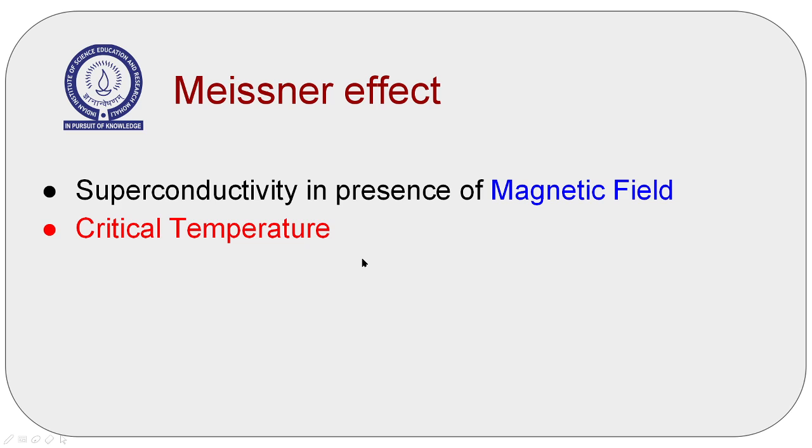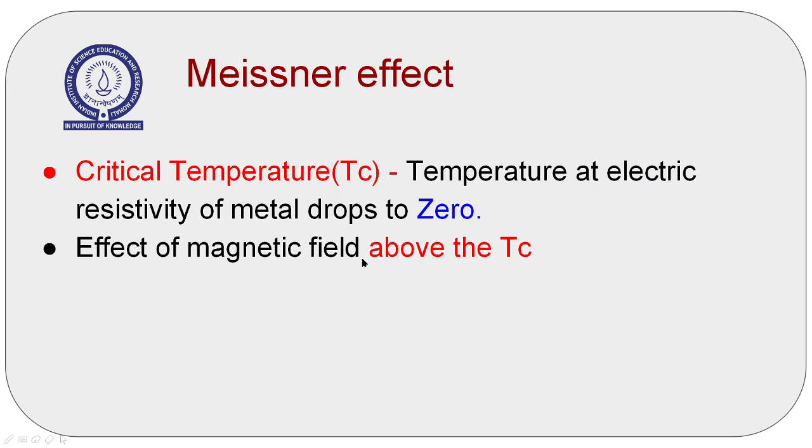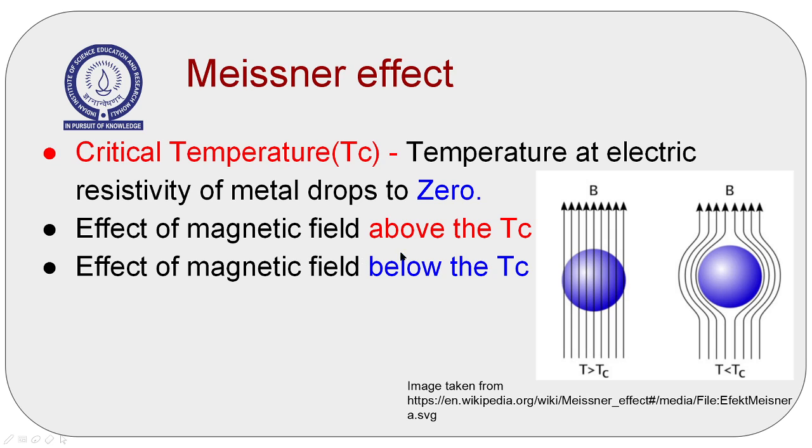This problem can be resolved by understanding the effect of magnetic field on superconductors. There are two types of superconductors, based on their properties with respect to the magnetic field. They are type 1 and type 2 superconductors.